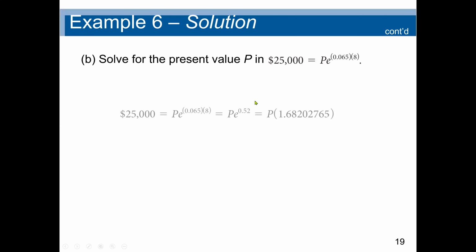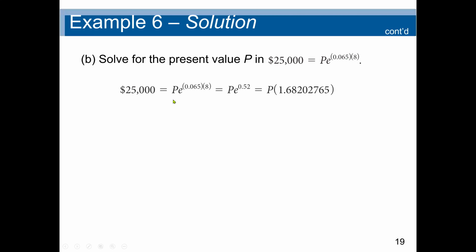So here we are going to do the formula transformation. When we use the calculator here, e to the power 0.52 will give us 1.6820765. So 25,000 equals P times 1.6820765. The P is multiplied by the value 1.6820765, so to get P, we are going to divide 25,000 by it.